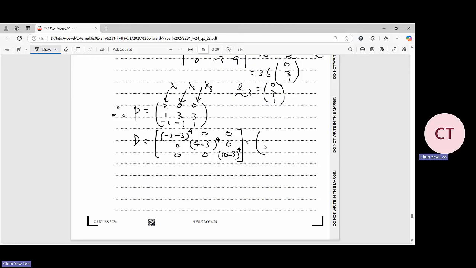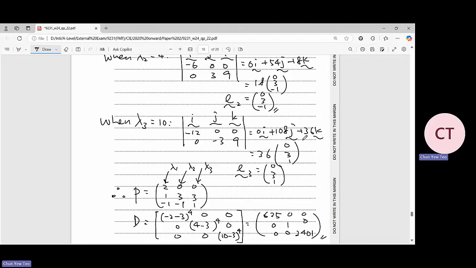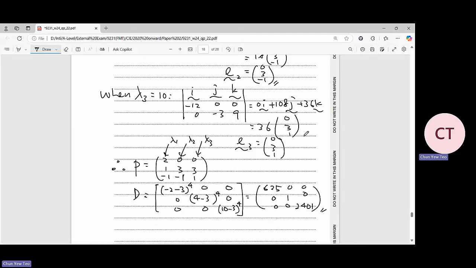If you just use your calculator, you will get 625, 1, and 2401, and the rest are 0. That will be your matrix D. And done, that will be the answer for question number 8C.